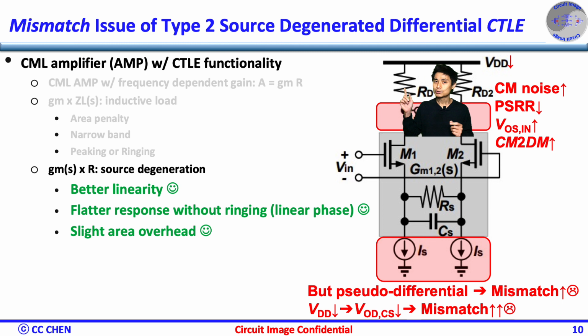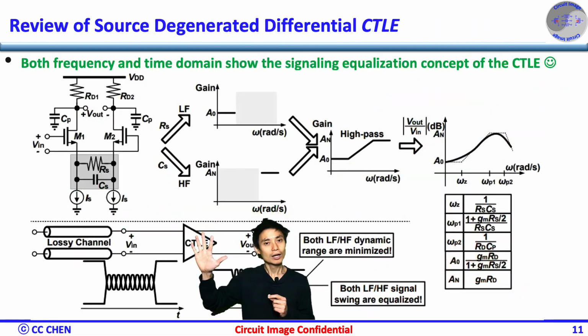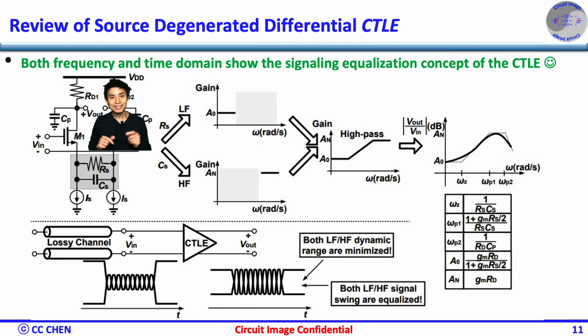Does that mean the shunt-peaking inductor is useless? Think about the bandwidth images for 5 seconds. Of course not, and the inductor does still help a lot if the area is not a concern.